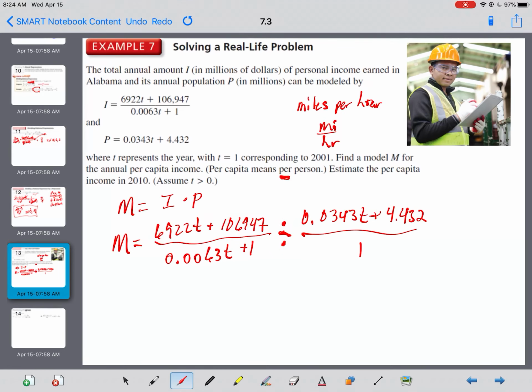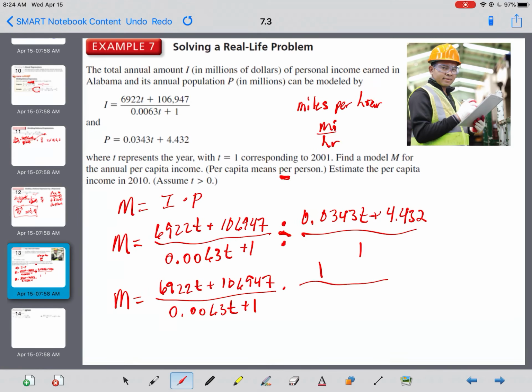So we don't need a multiply, we need a divide, which means we're going to stay, change, flip. 6922t plus 106947 divided by 0.0063t plus 1 times 1 over 0.0343t plus 4.432. And we're going to multiply them all together.